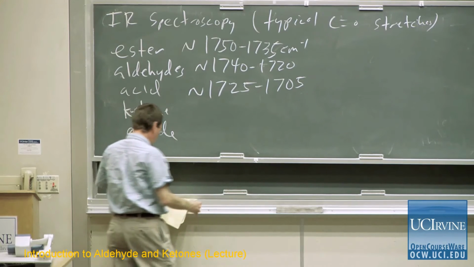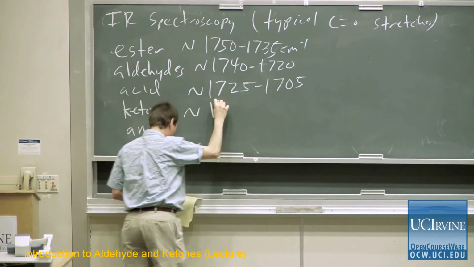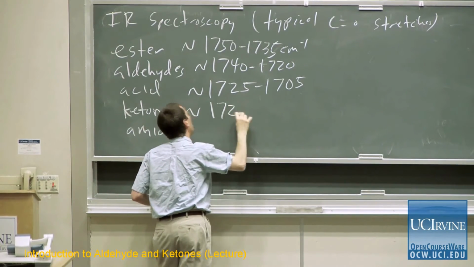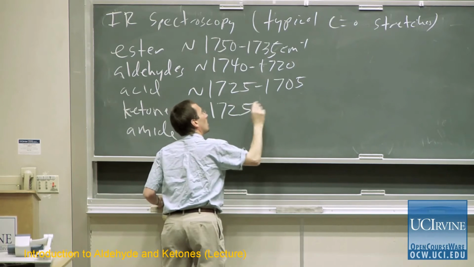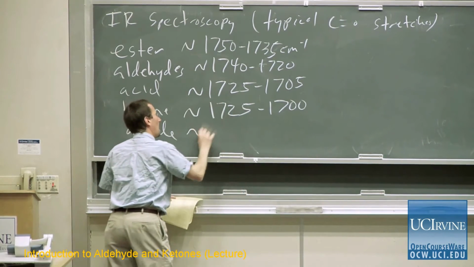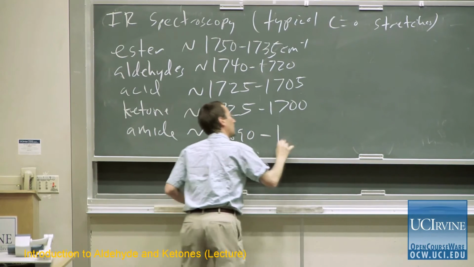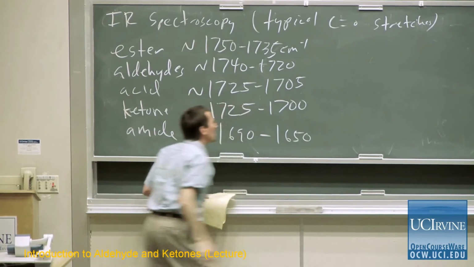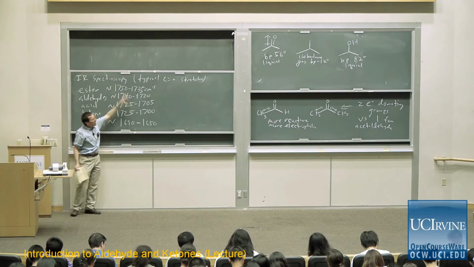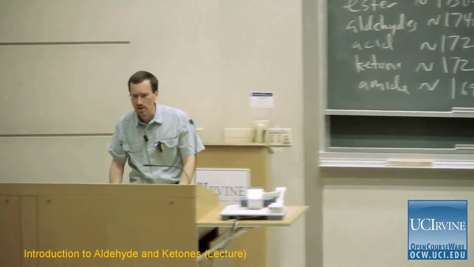A typical ketone is about 1725 to 1700. And a typical amide is about 1690 to 1650. So outside of amides, all of these end up in overlapping ranges. And as I said, these are general values.